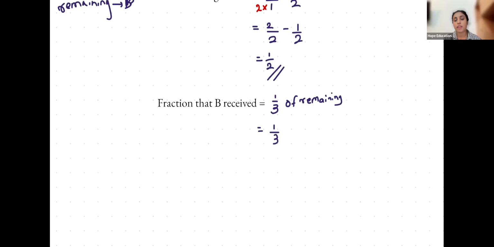What is the remaining amount now? The remaining amount is half. So it is 1/3 multiplied by 1/2. This is multiplication, so you multiply the numerators and then the denominators. Numerator: 1 times 1 is 1. Denominator: 3 times 2 is 6. So the fraction that B received is 1/6.